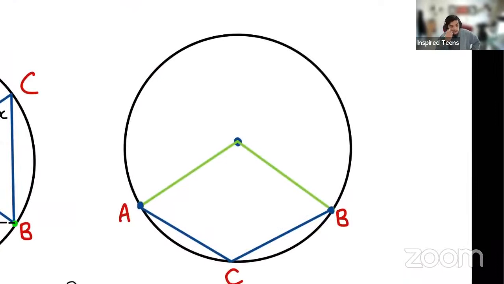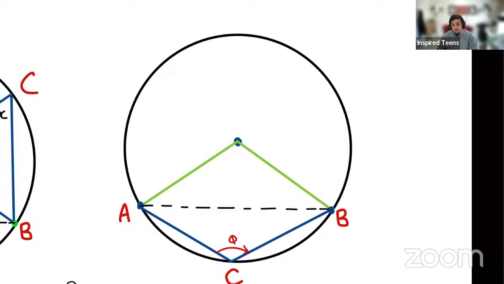What happens if we have this example and we want to solve for the value of C, or we'll call it theta? You might think, let's draw this chord AB.